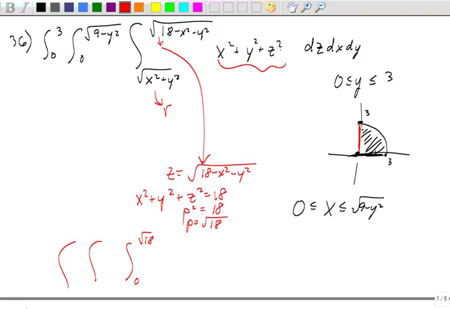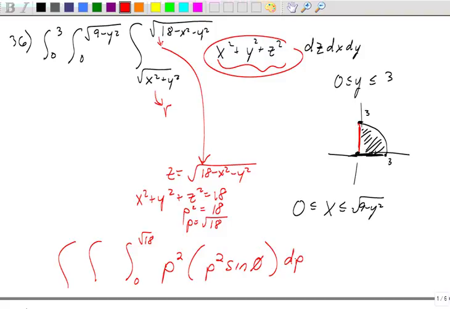This right here, x squared plus y squared plus z squared is rho squared. Then I need another rho squared sine phi. Okay, d rho. And then d theta. Theta is between 0 and pi over 2 because I just get that quarter circle.